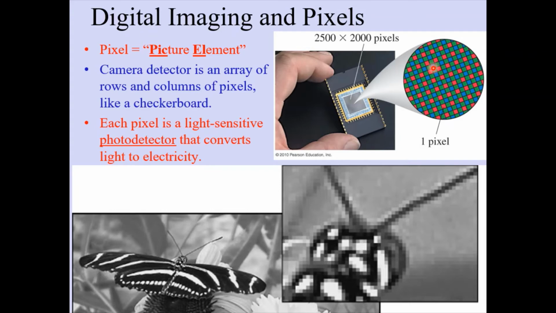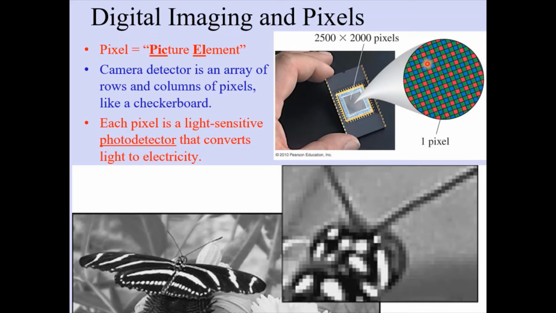And each one of these little squares here is a pixel, which is a light-sensitive photodetector that converts light energy into electricity.